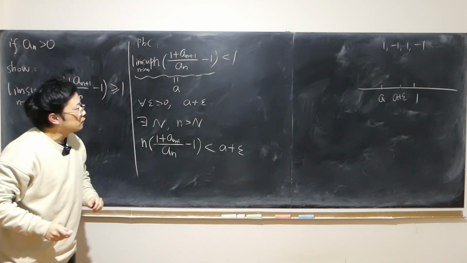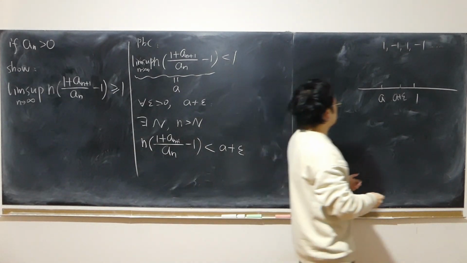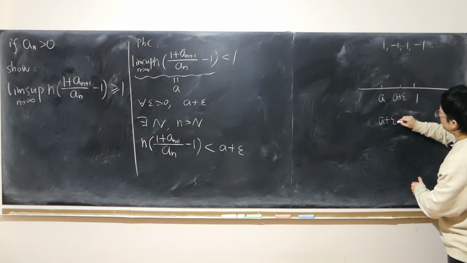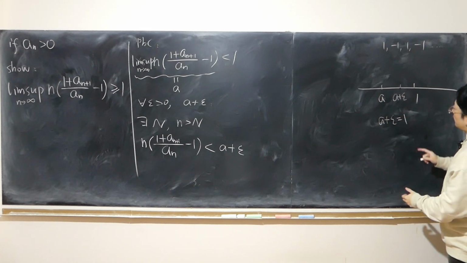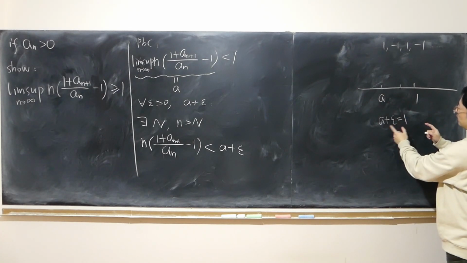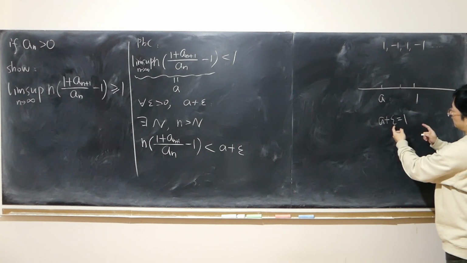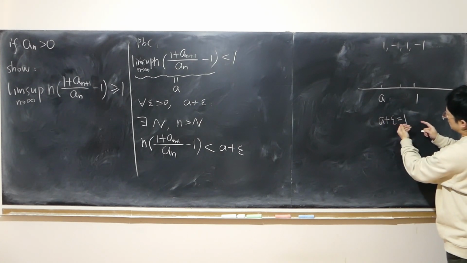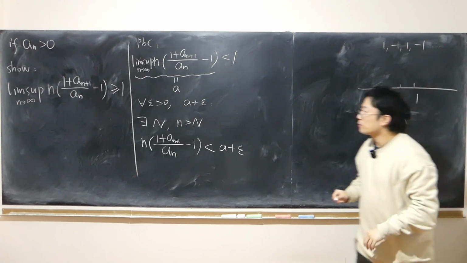Now I can just let a plus epsilon equal to 1. Epsilon is just some positive number, any positive number is okay. So I let epsilon equal to 1 minus a, so a plus epsilon is equal to 1. This is perfectly fine.